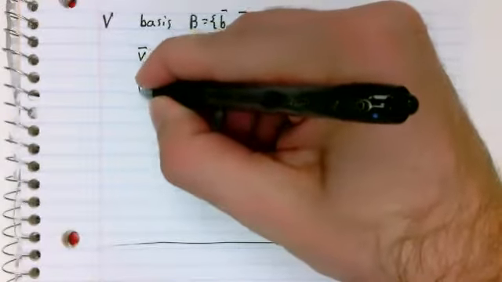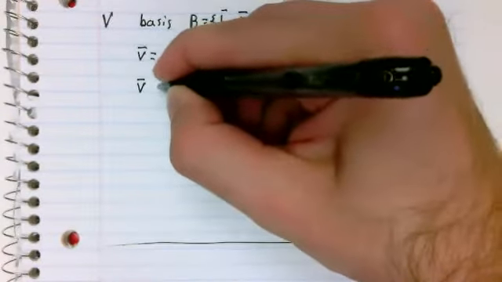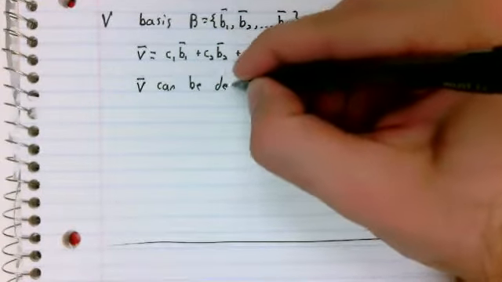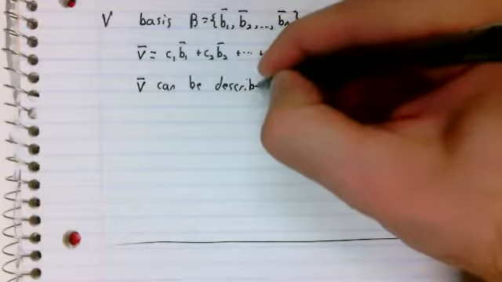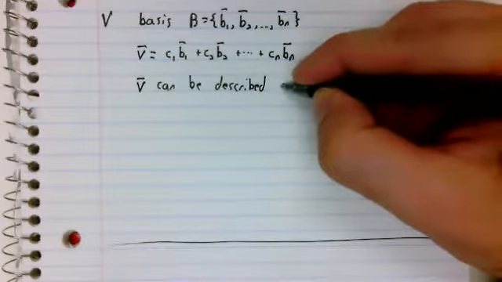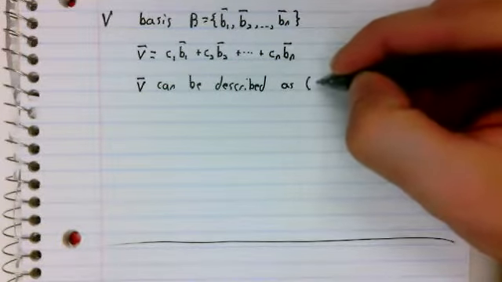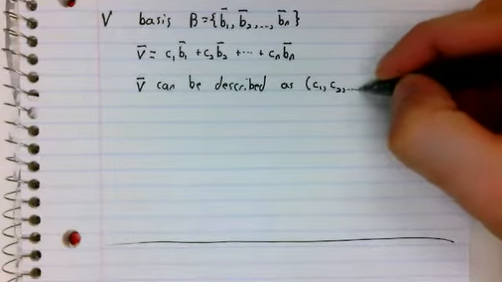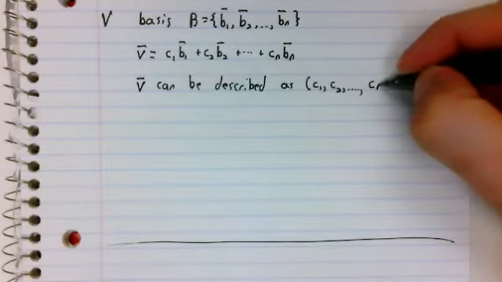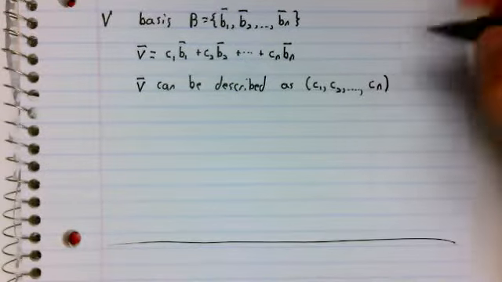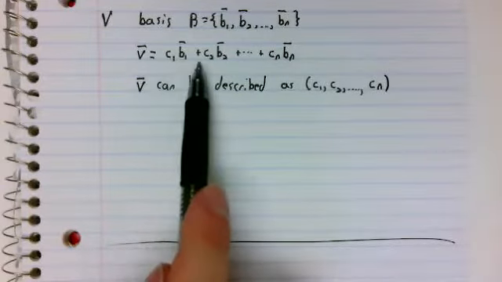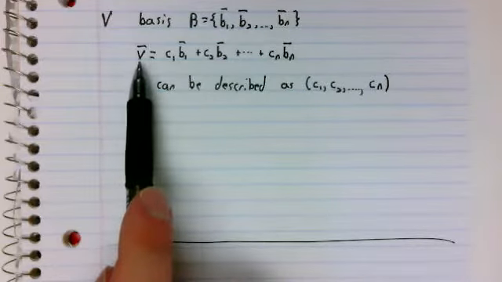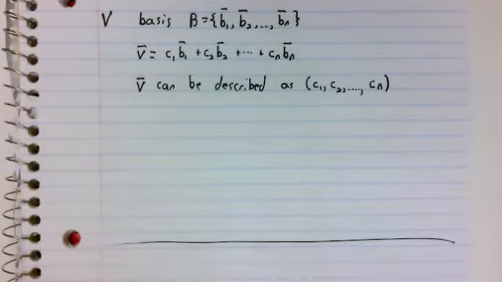Well, V can be described just by noting down these coefficients. This list of coefficients uniquely represents V.